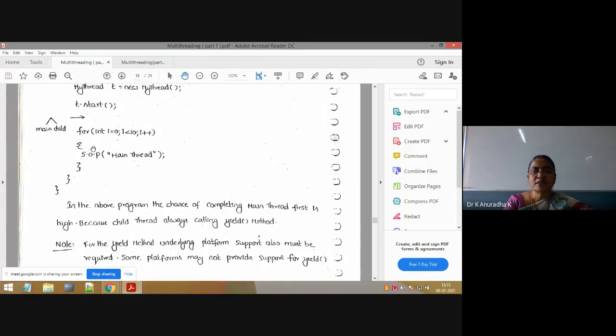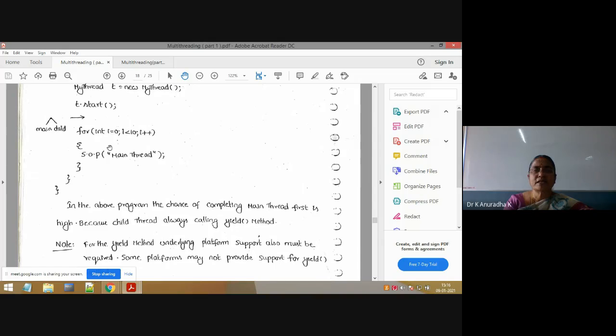If you write thread.yield inside the main thread functionality, then what will happen? First the child thread will complete its execution, followed by the main thread. Because whenever the main thread gets the CPU, it always goes from the running state to the ready state because of this thread.yield method.